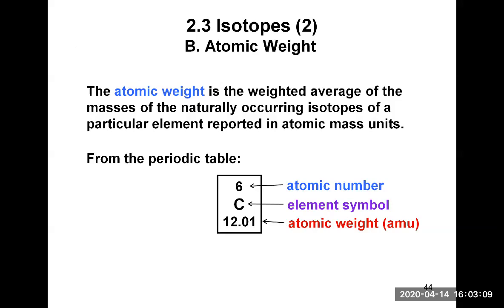The atomic weight is the weighted average of the masses of the naturally occurring isotopes of a particular element reported in atomic mass unit. And so when you find an element in nature, it's a mixture of the naturally occurring isotopes that that element has.